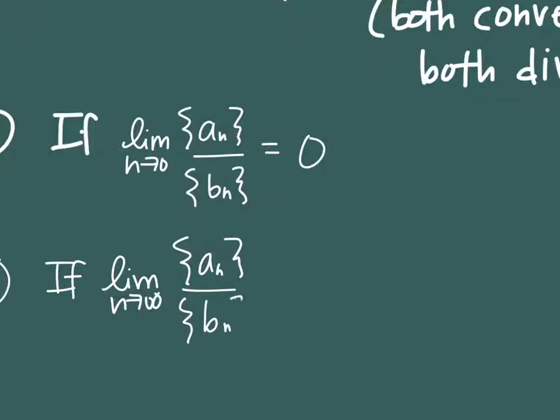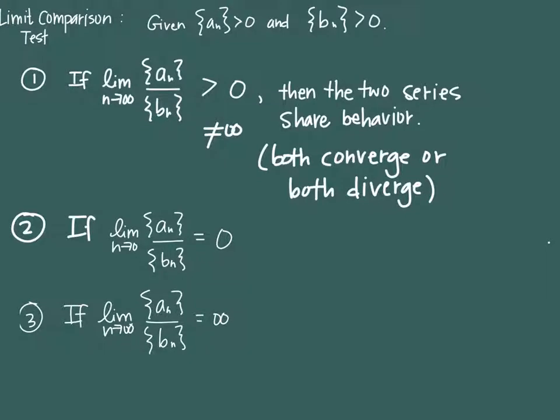All right, there's our three cases. I don't ever have to worry about less than 0 because these were both positive to begin with. So it's either equal to 0, somewhere between 0 and infinity, or infinity itself.